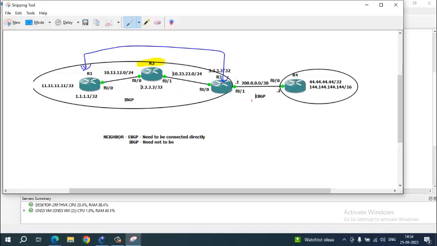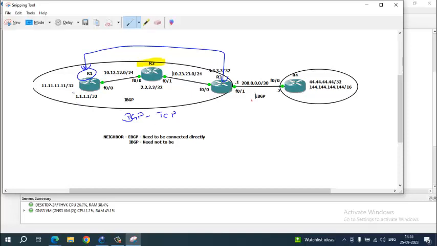But we also learned BGP is a TCP based protocol. Now I'm asking you a question, just to think. You don't need to answer also because you know the answer. If R3 wants to telnet to R1, it is only possible if there is reachability from R3 to R1, because telnet works on TCP.